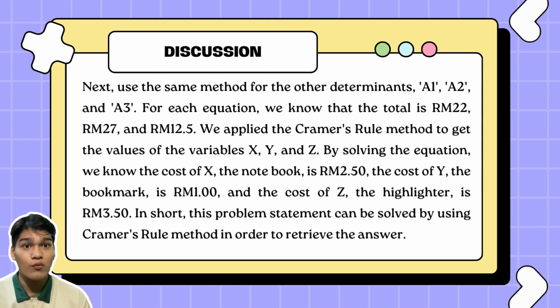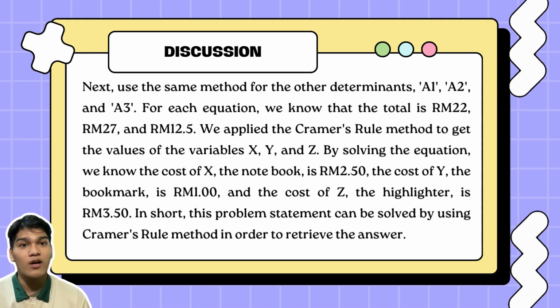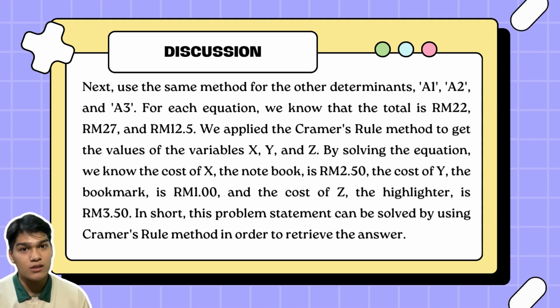For each equation, we know that the total is equal to 22 ringgit, 27 ringgit, and 12 ringgit and 50 cents. We apply the Cramer's rule method to get the values of the variables X, Y, and Z. By solving the equations, we know that the cost of X, the notebook, is 2 ringgit and 50 cents. The cost of Y, the bookmark, is 1 ringgit, and the cost of Z, the highlighter, is 3 ringgit and 50 cents. In short, the problem statement can be solved by using the Cramer's rule method in order to retrieve the answer.